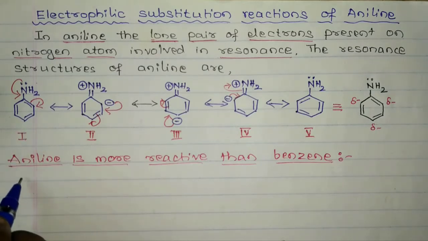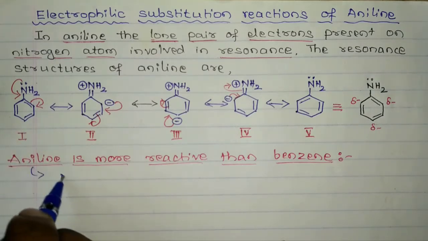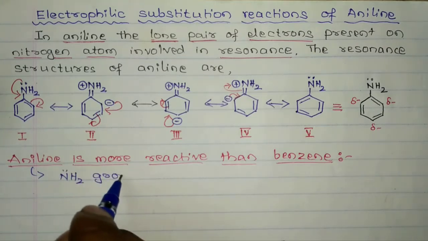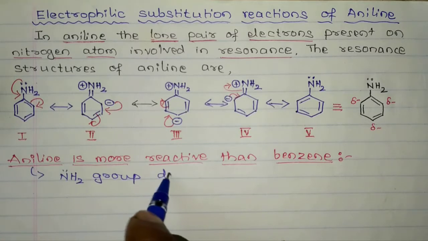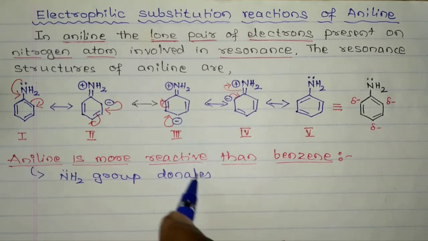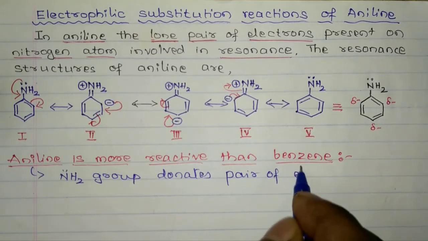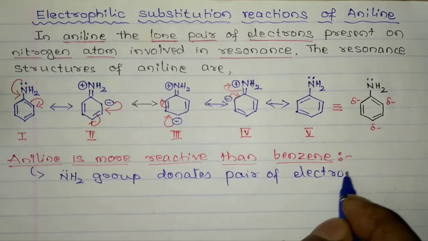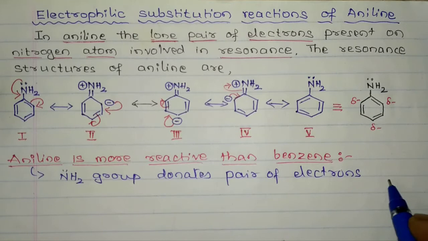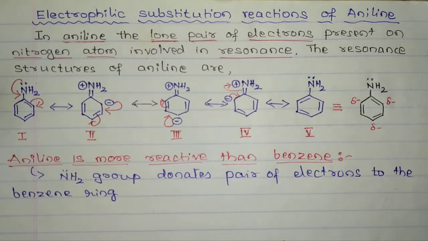Here in aniline, the NH2 group donates a pair of electrons to the benzene ring.